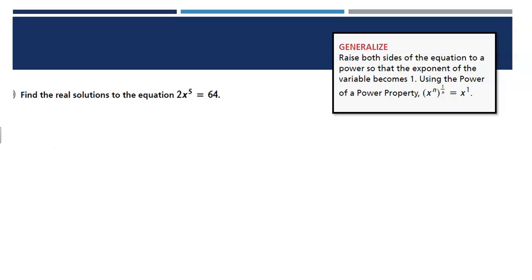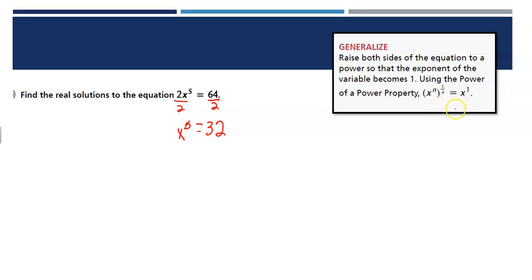Here's something that's kind of interesting, and it's not really any harder than what you've already been doing. So if I have 2x to the 5th equals 64, I need the x by itself on one side of the equation, so I divide both by 2, and then I get x to the 5th equals 32.